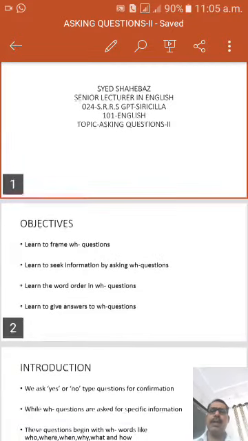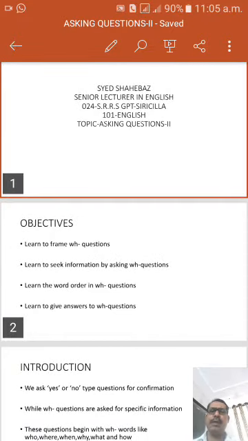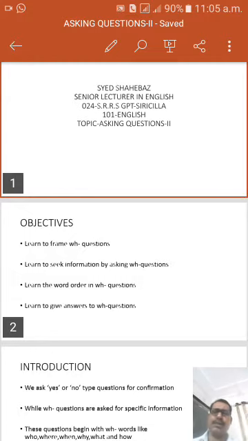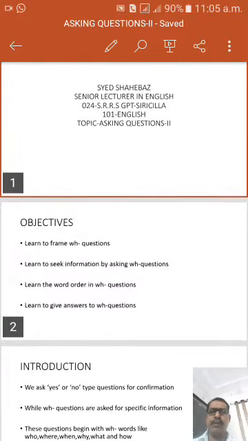Next, learn to seek information by asking WH questions. How to seek information by asking WH questions. Learn the word order in WH questions. What should be the word order in WH questions?